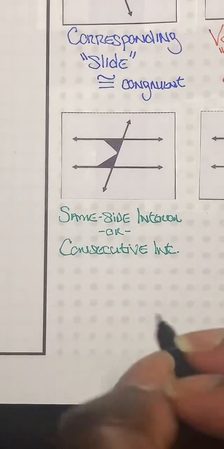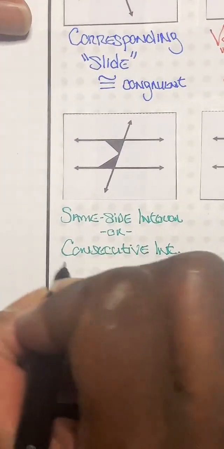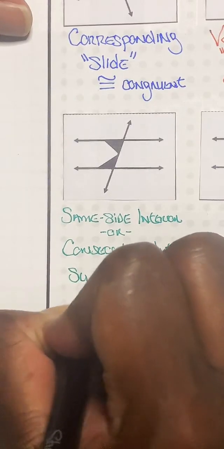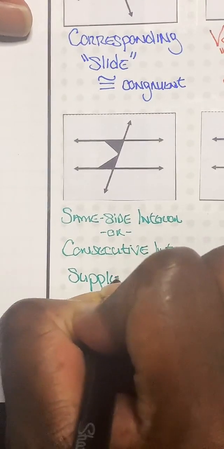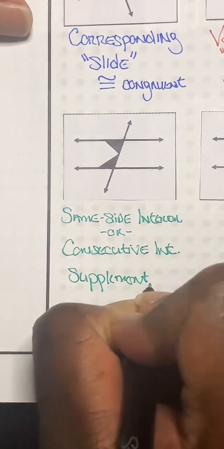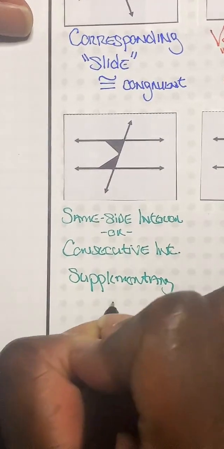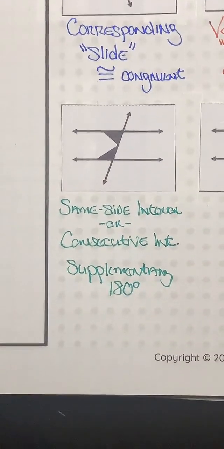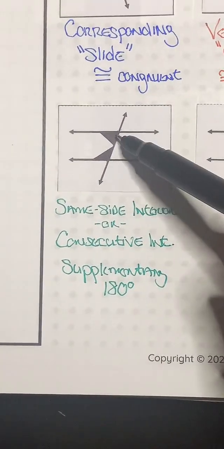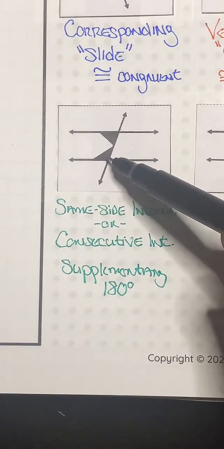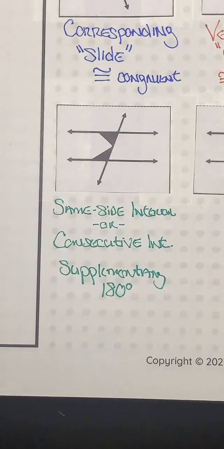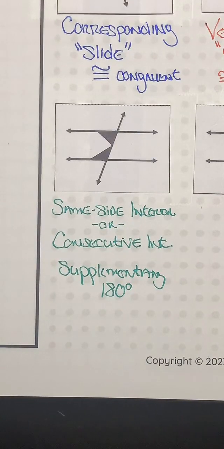Since they're consecutive and on the same side, they're supplementary. Whatever the measure of this angle is, if I add it to the measure of this angle, it will equal 180.